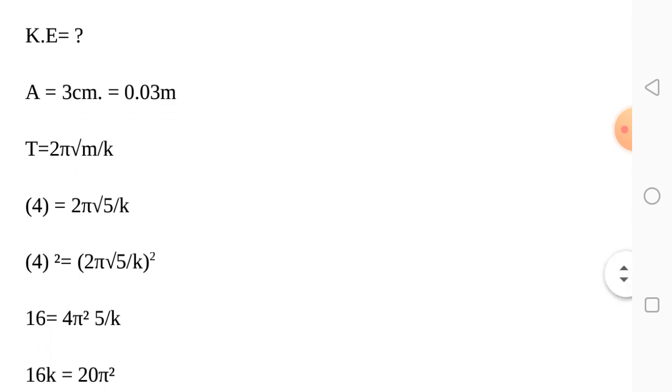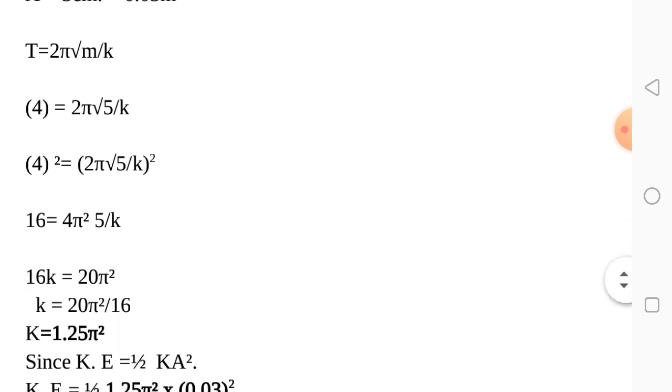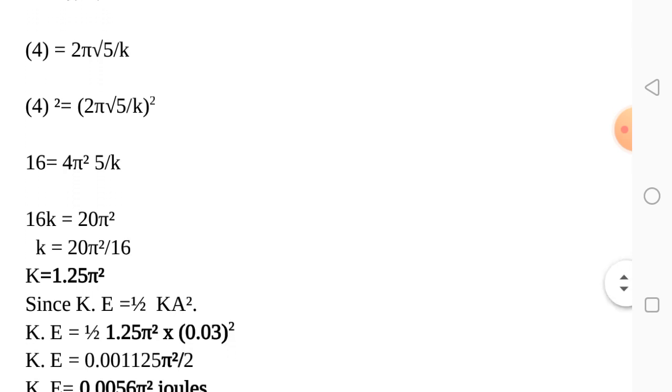In order to remove the root, we square both sides. So we have 4 squared equals (2 pi root of 5/k) squared. Then 4 squared gives us 16, 2 squared gives us 4, pi squared stays as pi squared, the root is taken care of, and we have 5 divided by k.